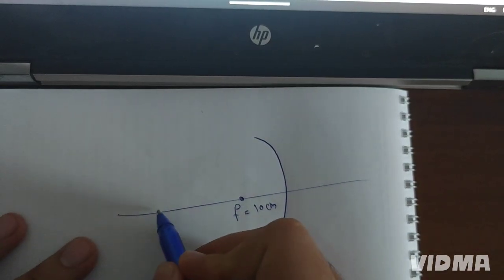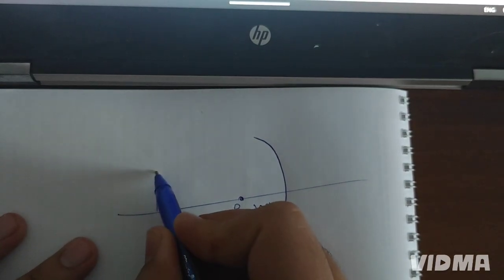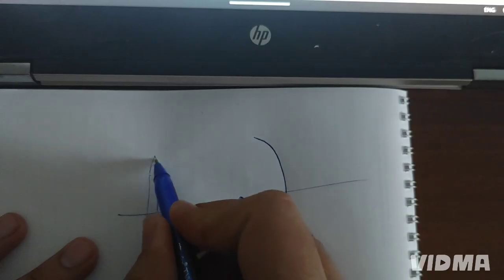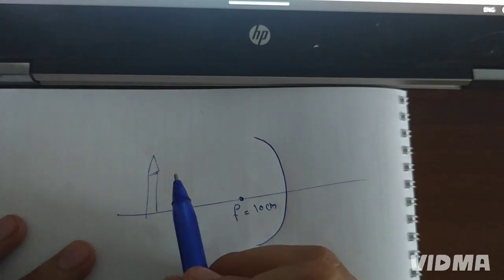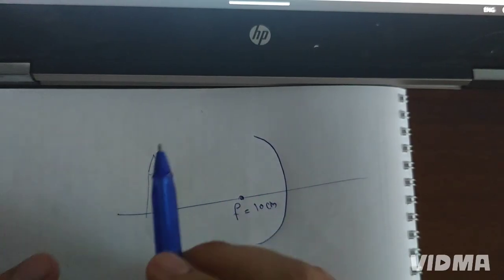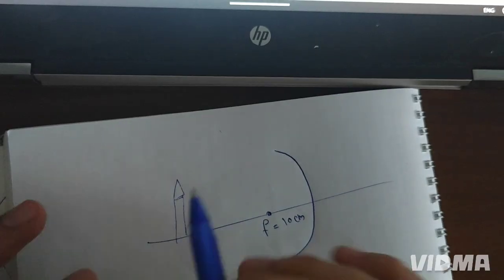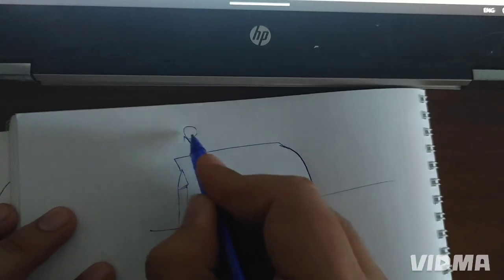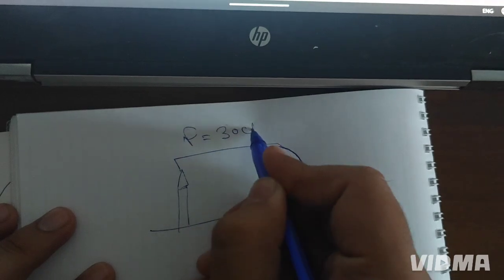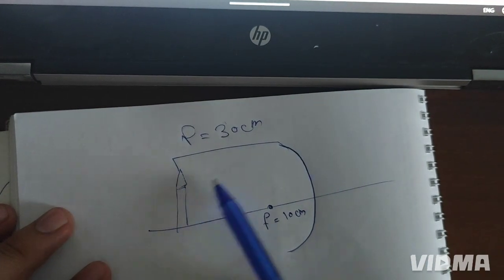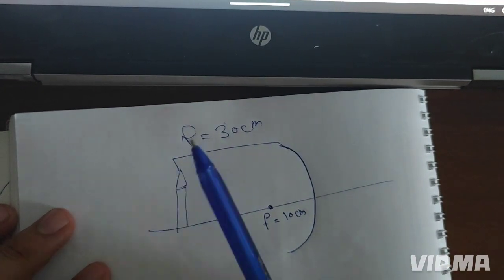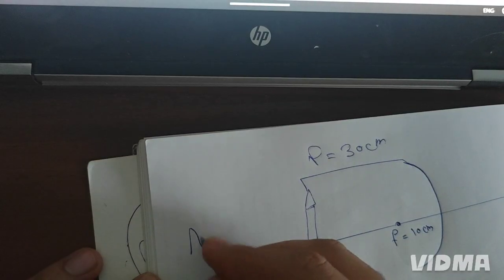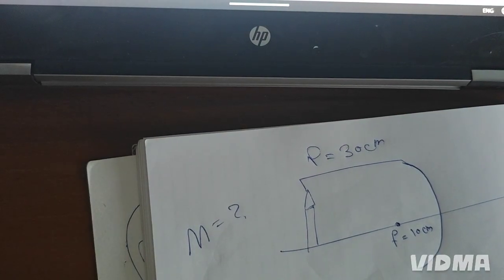This pencil is upright and 30 centimeter from the mirror. The distance between the object and the mirror is called P. So this is P, 30 centimeter. P is the object distance. So the question said, find the magnification.